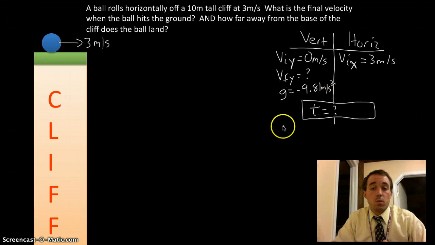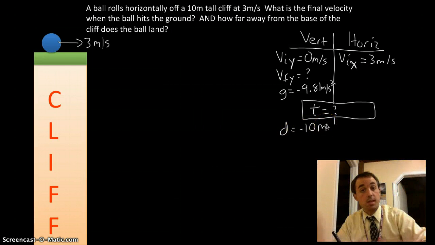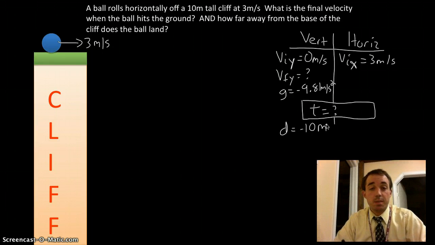We also know that d is negative 10 meters. Negative because the ball's getting lower. Remember, these negatives really mean something. So we have g, which is really our vertical acceleration. We are looking for VFY, we have VIY, and we are looking for time.